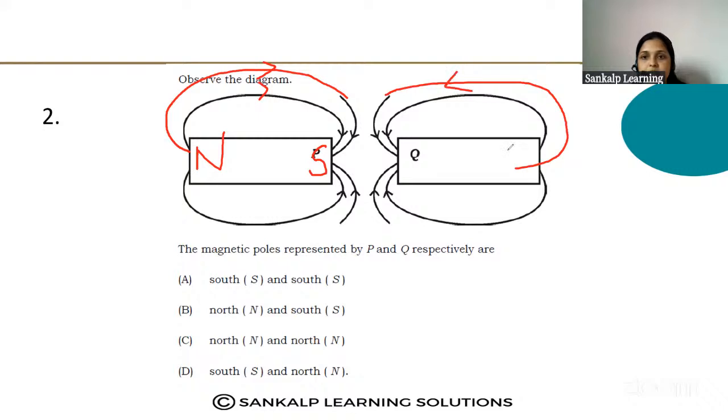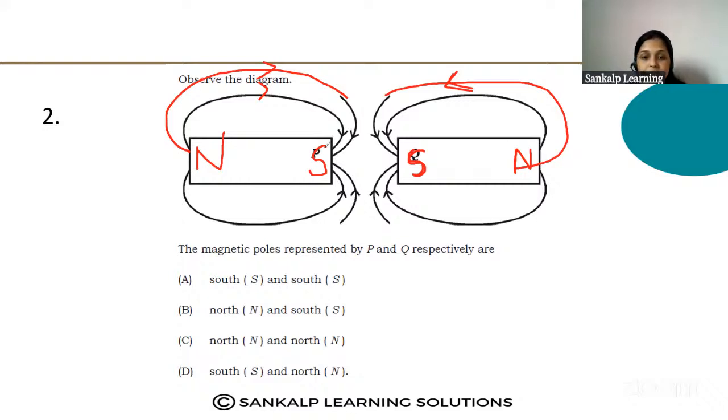Okay, so see here the magnetic field lines are like this. The direction is here, this is north and this is south, north to south. So what is the correct answer here? The magnetic field lines extend from north to south, right?